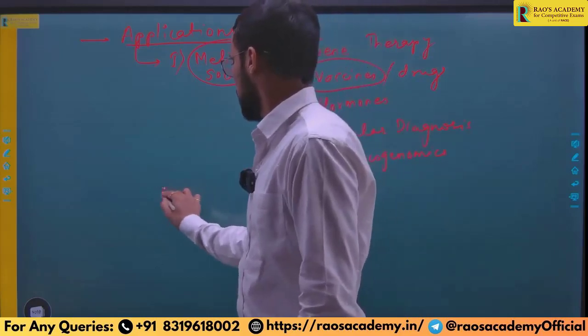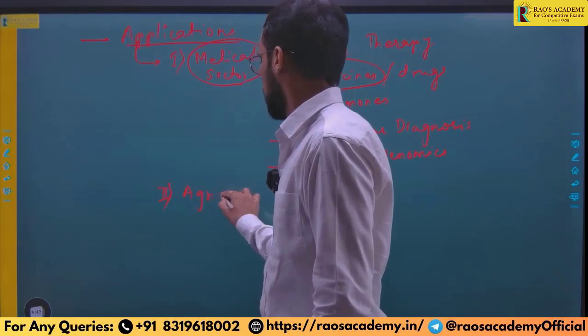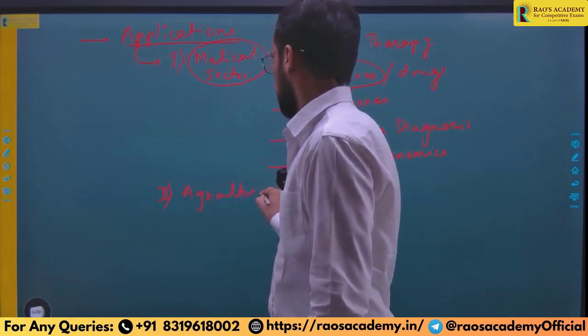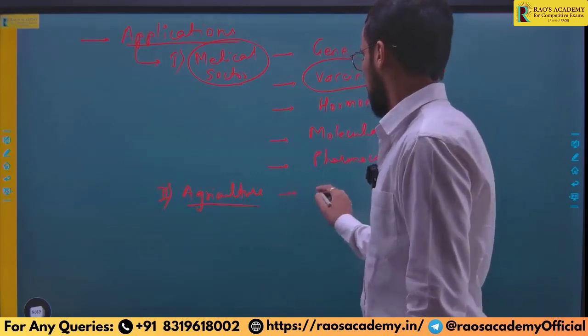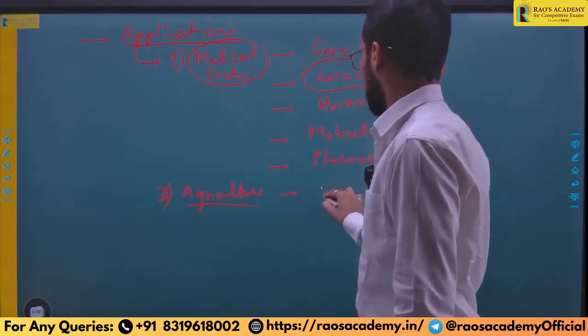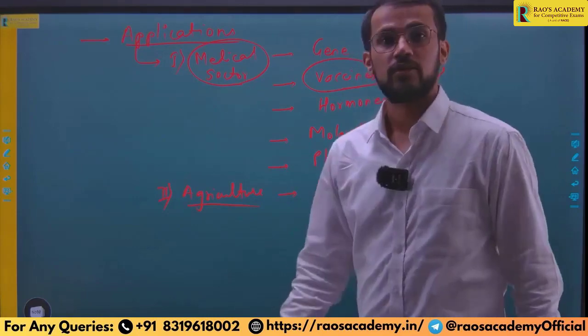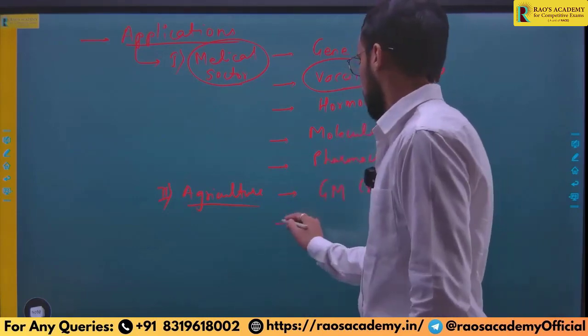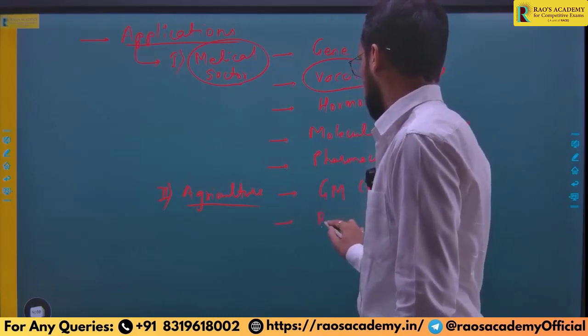So once that is done, the next important sector where biotechnology is used is agriculture. In the agriculture sector, the most important application is in the form of genetically modified crops, GM crops. Then biotechnology is also used for biofertilizers.